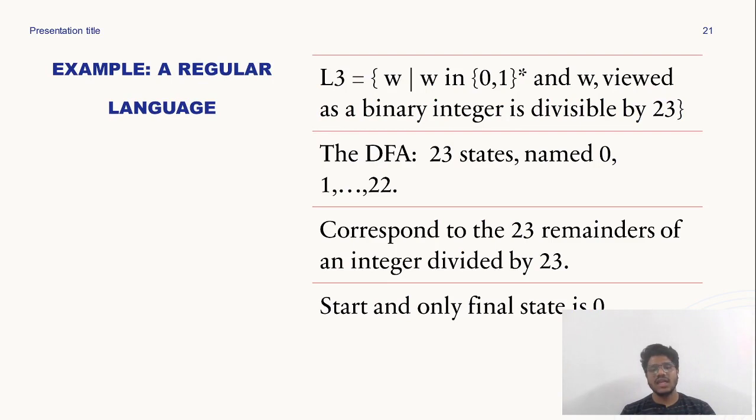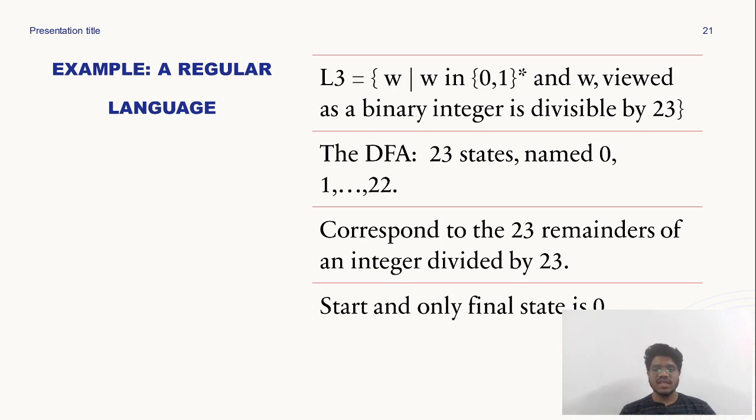Here, L3 is the set of w in {0,1}* where w, viewed as a binary integer, is divisible by 23. In this case the DFA can take 23 states named 0 to 22, corresponding to the 23 remainders of an integer divided by 23.